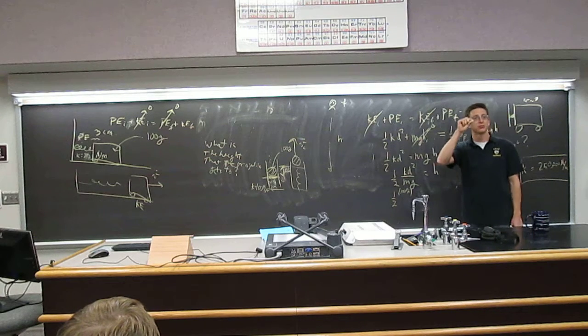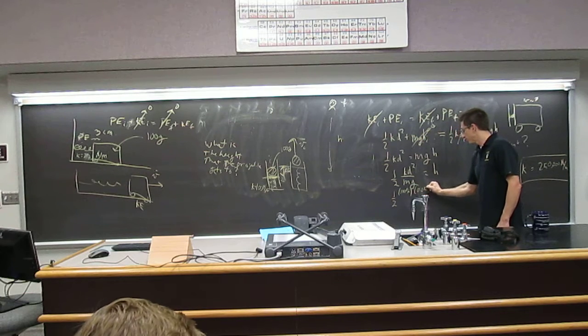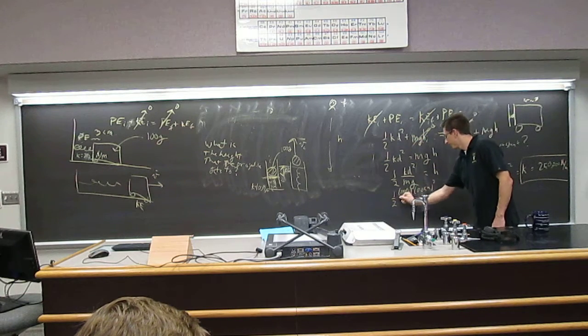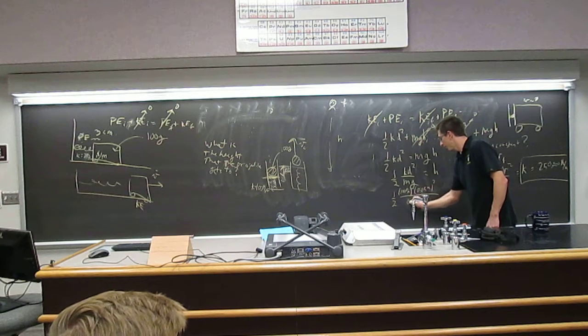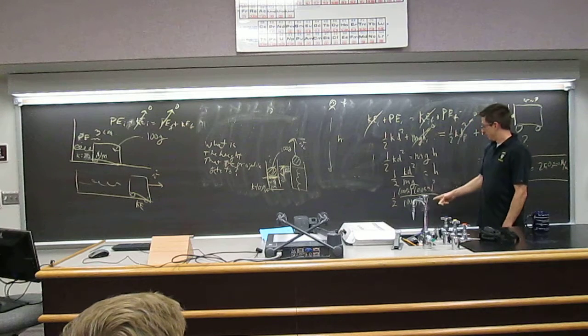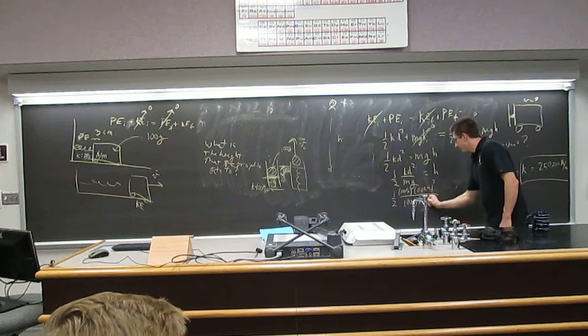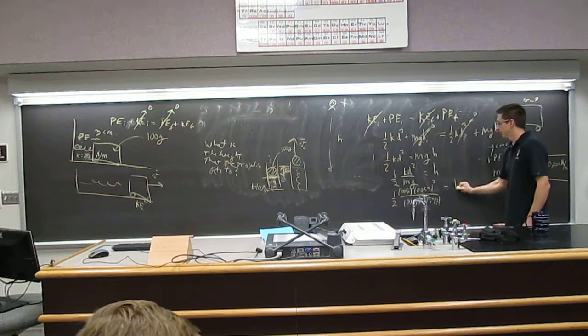That's how much the spring was compressed. So that was 0.05 meters squared. M, which is 100 grams, so that's 0.1 kilograms. And then g is 9.8 meters per second squared. So that's h.